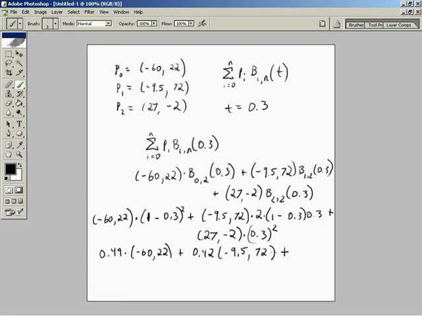Added to 0.3 squared, and that's just 0.09. So 0.09 times 27, comma, negative 2.